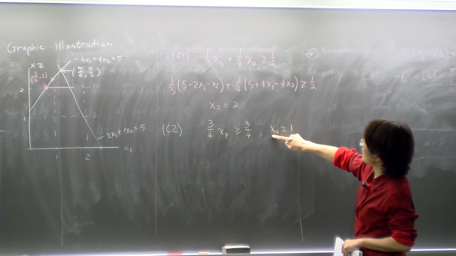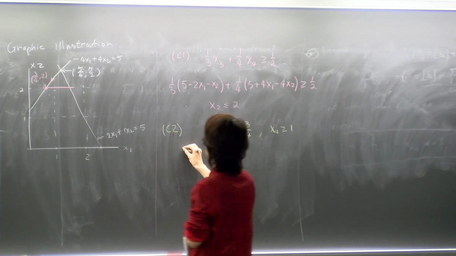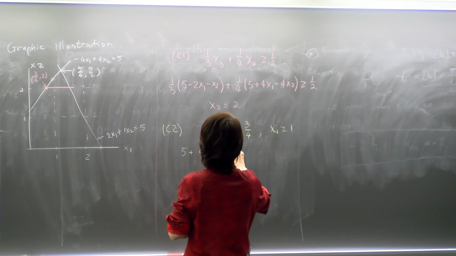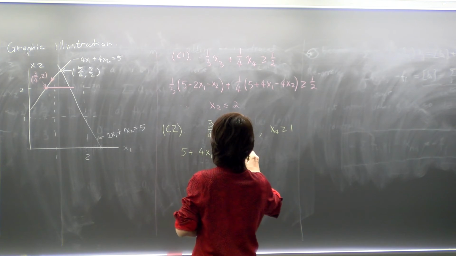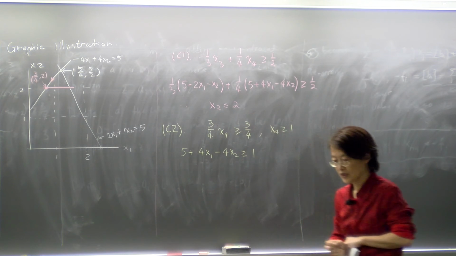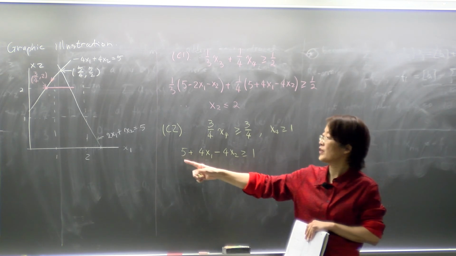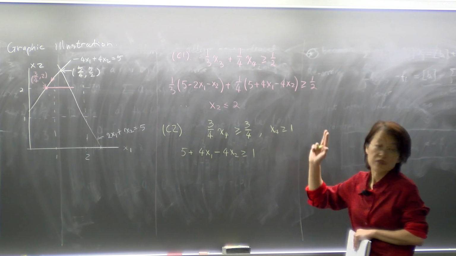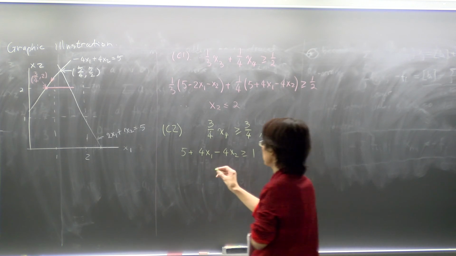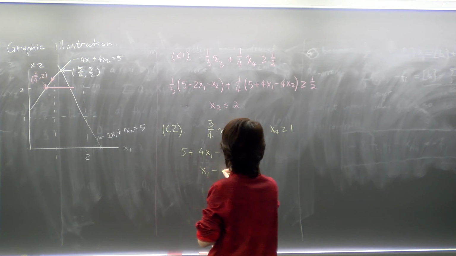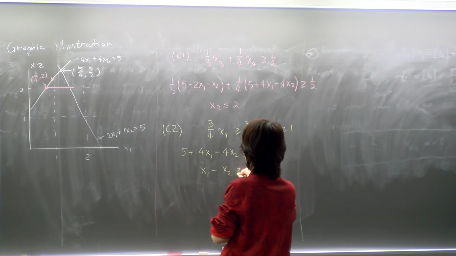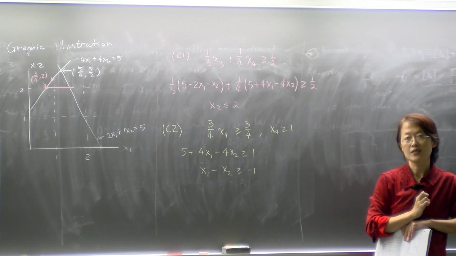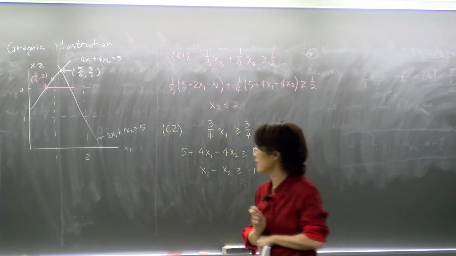Plug in the expression for x4. I have 5 plus 4x1 minus 4x2 bigger than 1. And moving the 5 over, you get -4. Get rid of 4. You get a simple expression, x1 minus x2 bigger than -1. Is that right? Let's draw that line and figure that out.